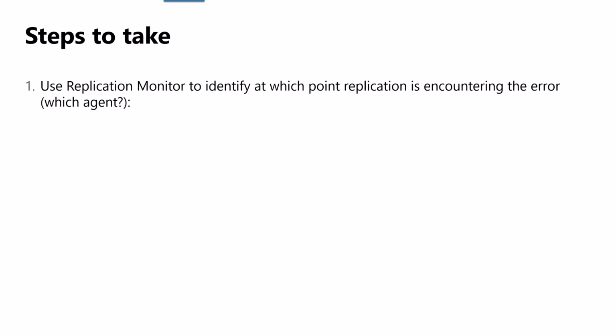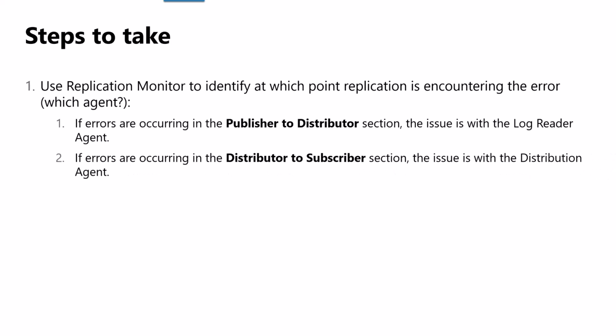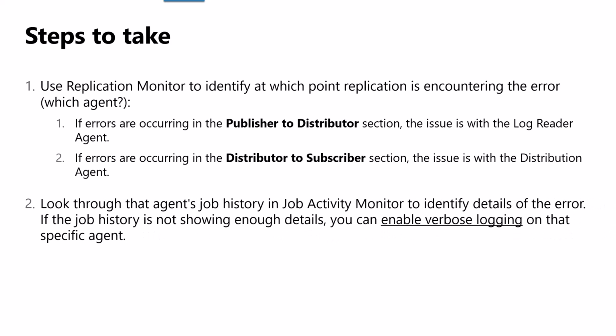Steps to take. Use Replication Monitor to identify at which point replication is encountering the error. Which agent? If errors are occurring in the publisher to distributor section, the issue is with the log reader agent. If errors are occurring in the distributor to subscriber section, the issue is with the distribution agent.